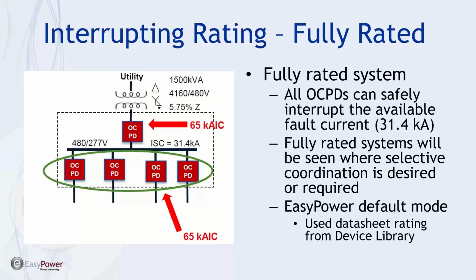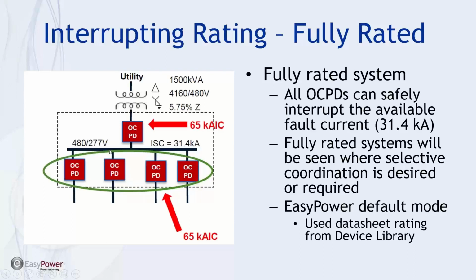Now in EasyPower, this is basically the default mode, and as long as we have the part modeled in the design or in the digital model and connected to the device library datasheet, that information comes from the manufacturer's datasheet. And so that's why you'll see me, when I'm doing demonstrations, reiterate the need to make sure we've connected that device on our model to the device library.